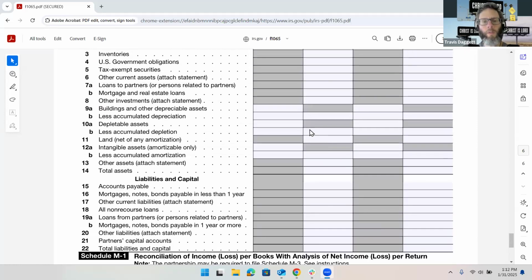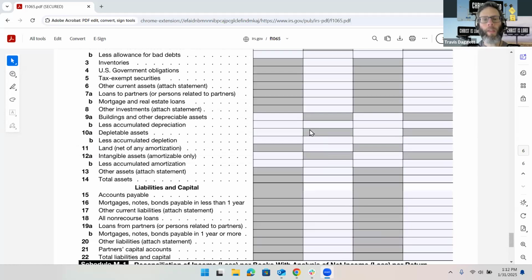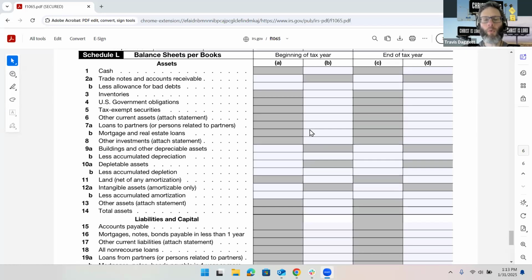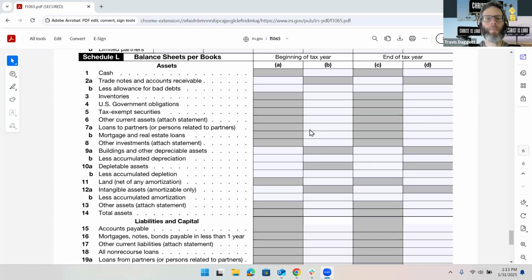So this is the difference between a partnership and a sole proprietorship or a single member LLC, which the IRS calls disregarded entities. In other words, it's just going on the individual income tax return, the personal income tax return. Partnership is different. So the business has a balance sheet.